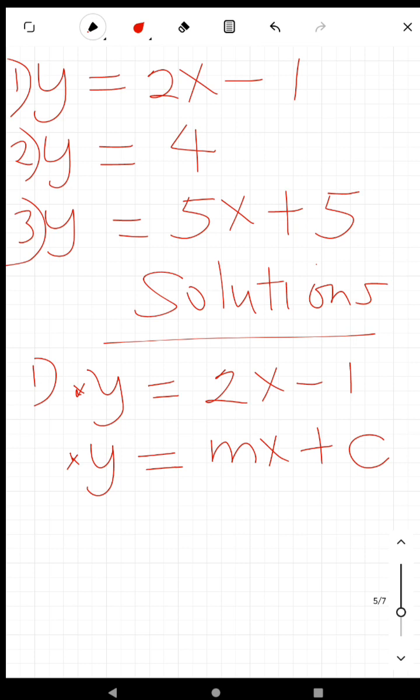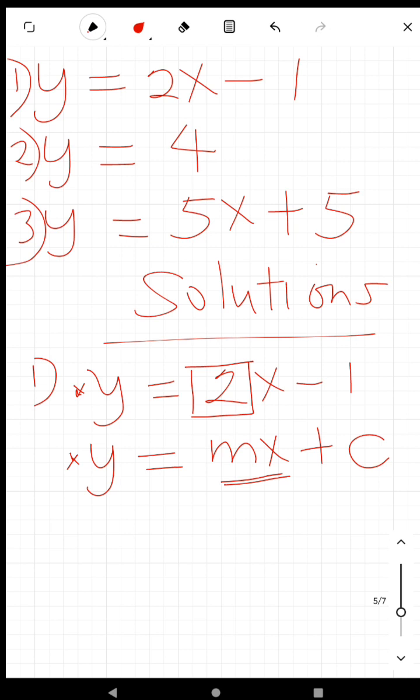Mx. Is there something multiplying the x? There is. The number multiplying the x is positive 2. So whatever multiplies x is the coefficient of x, and in this case the coefficient of x is m, and m is the gradient.